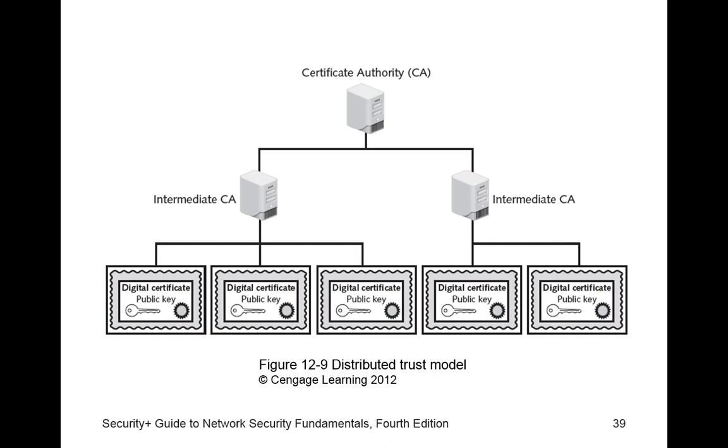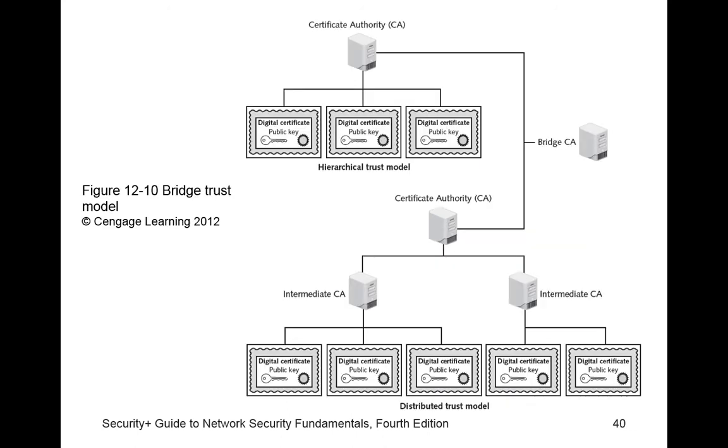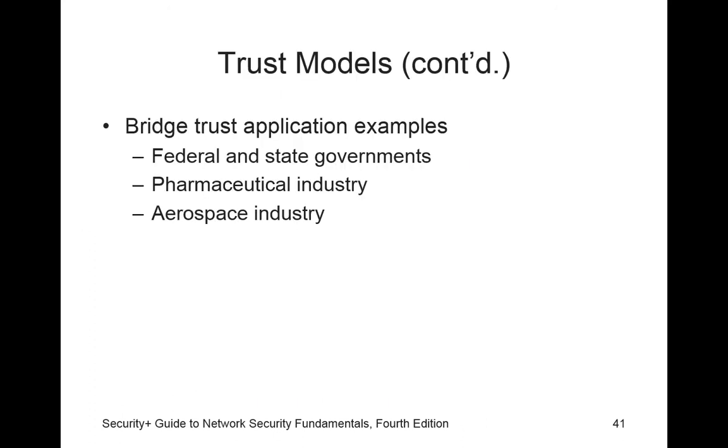Make sense? I have a bridge. I can bridge from that CA to this CA so these can go through. Bridge trust models are used by federal and state governments, and the pharmaceutical and aerospace industries, where you have multiple companies trying to trade information.